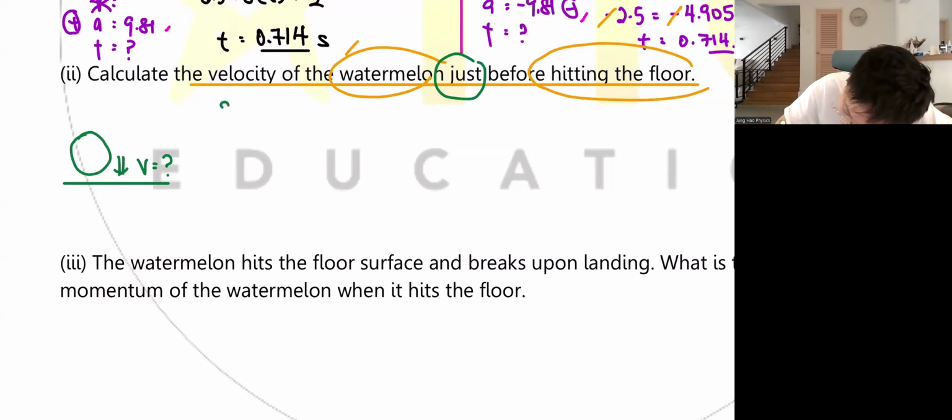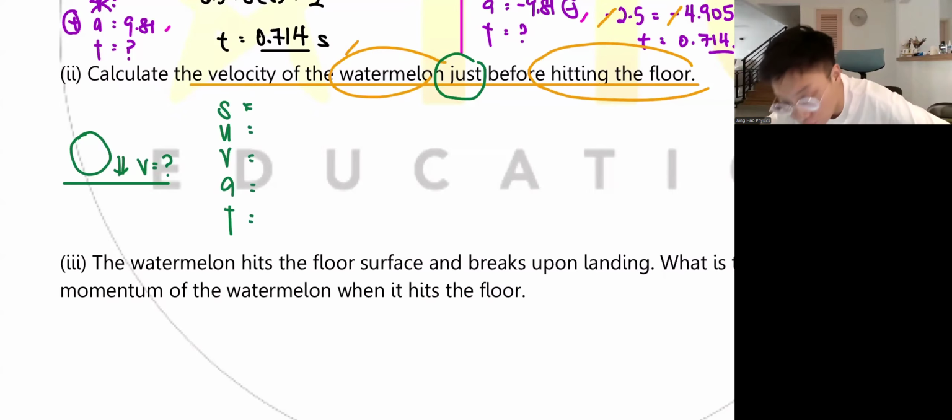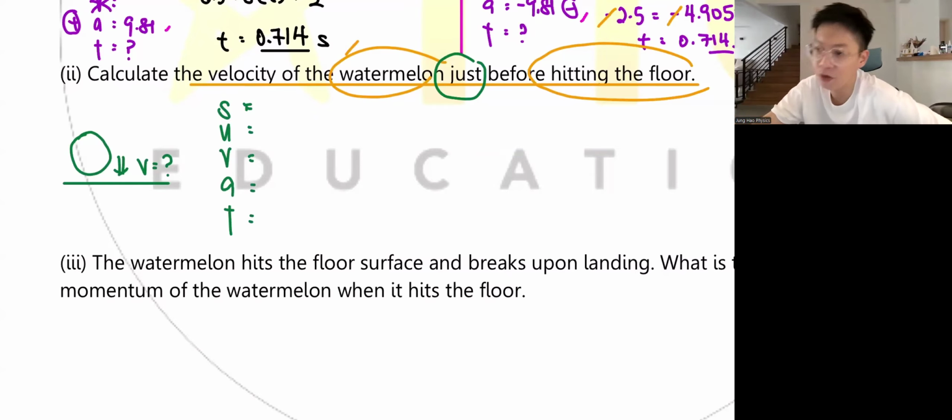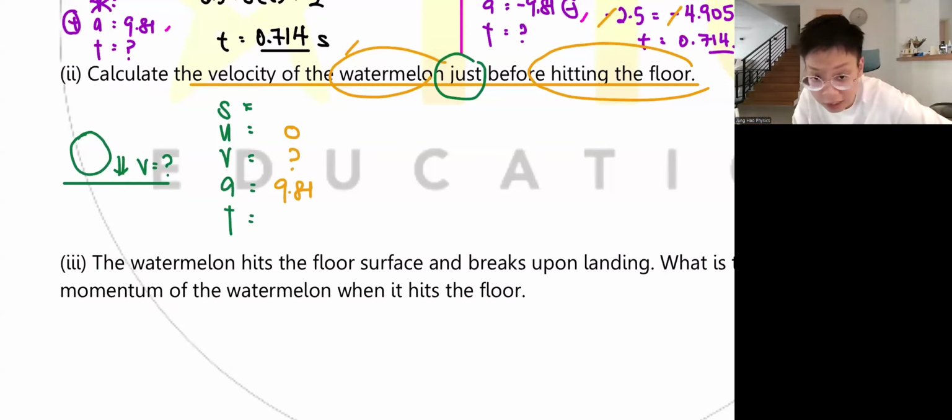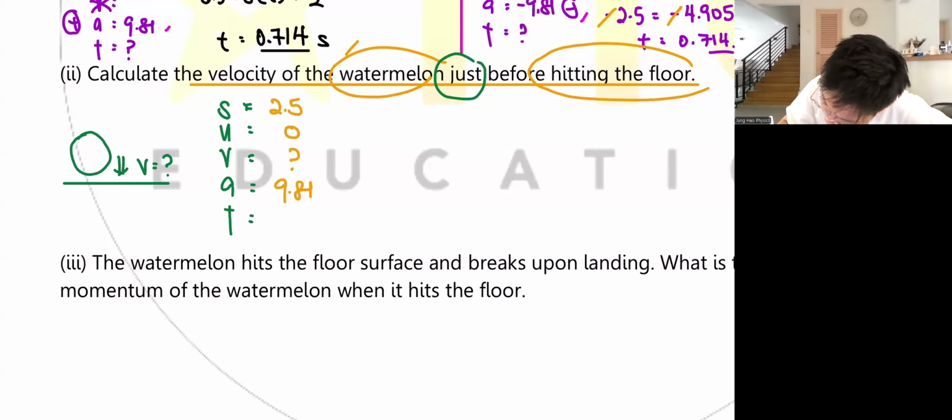So now we are going to calculate this again. We have S, U, V, A, T. Again, I repeat, you can write both negative or both positive. They are both acceptable. My acceleration here is going to be 9.81. I'm trying to look for the final velocity, initial velocity 0, S is 2.5, and t is 0.714.